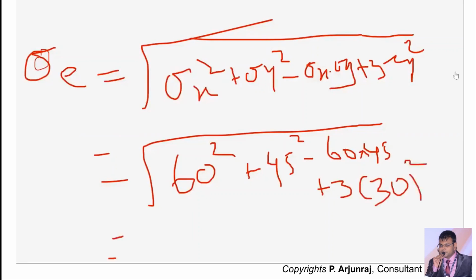Okay, so this 30 square is going to be 900, and I need to have the square root.